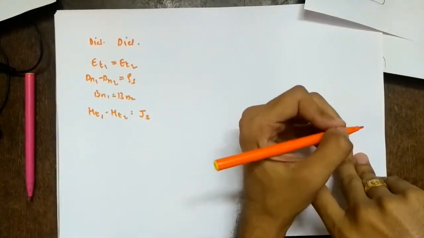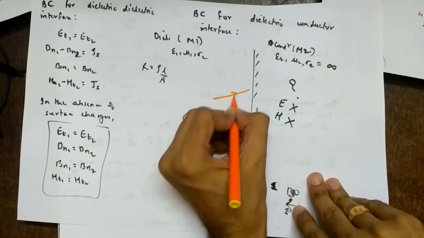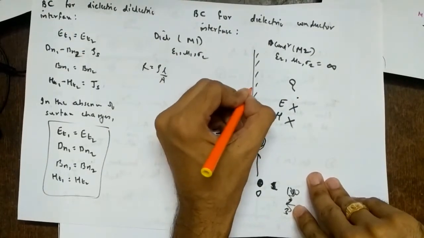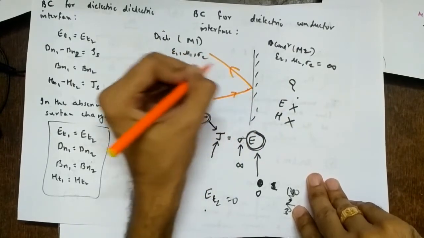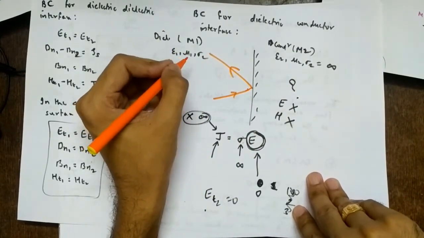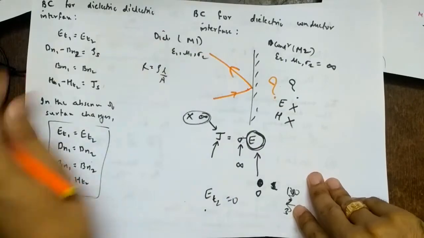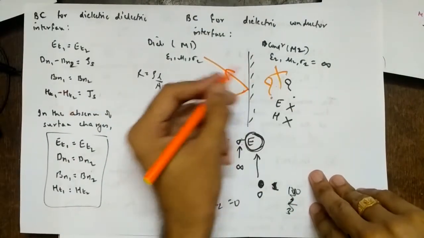But now what we are saying, there are no fields inside the second conductor. Means if you make an electromagnetic wave or electric field incident from this side, since there cannot be any fields inside the conductor, what will happen? They will just reflect back. Means nothing can penetrate this. But what will happen in the dielectric case?